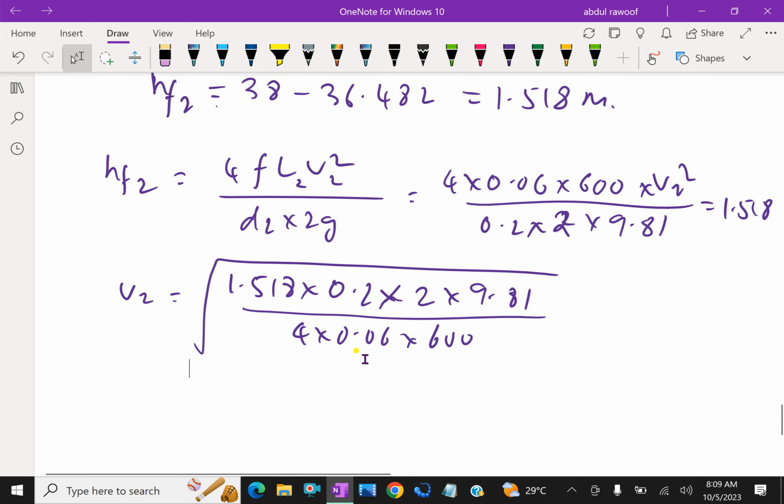By calculation, V2 equals 0.643 meter per second. The velocity in pipe 2 is 0.643 meter per second.